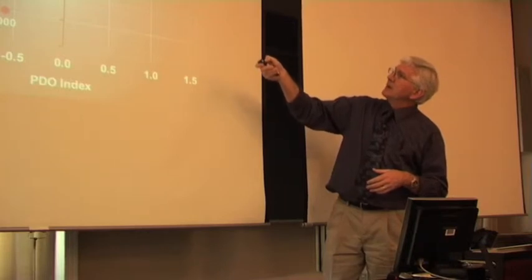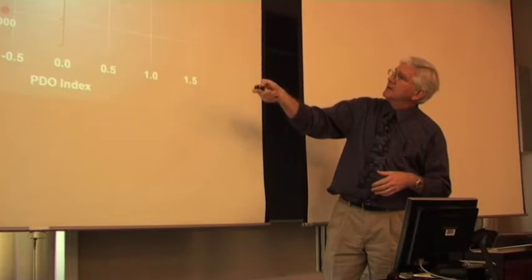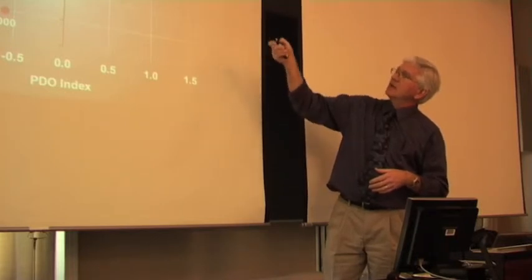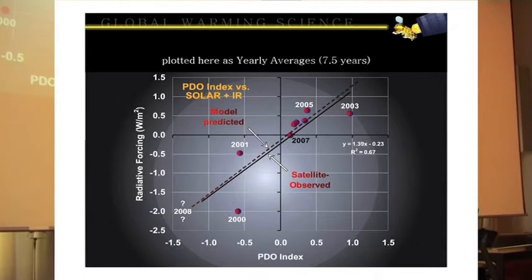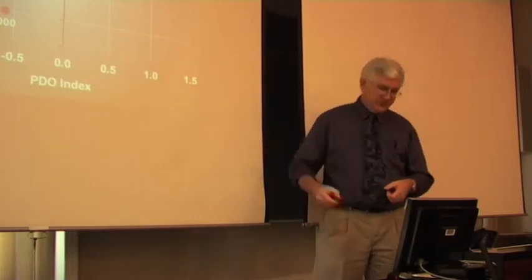This dashed line is what the model said would be the best relationship between PDO and clouds to explain temperature changes in the 20th century. And this is the average satellite observed relationship.